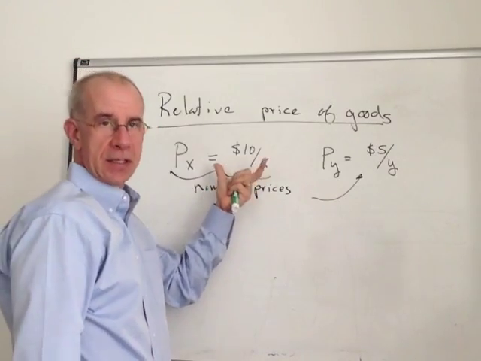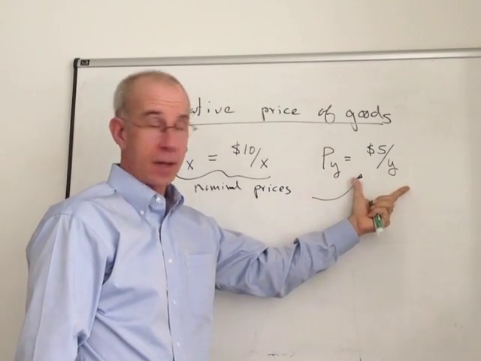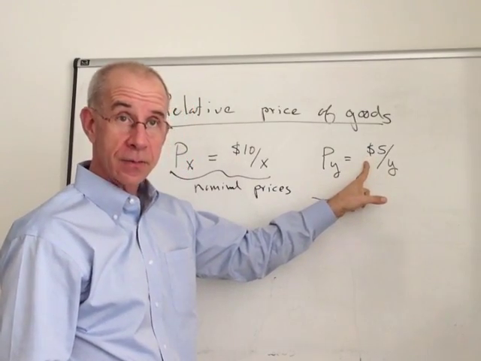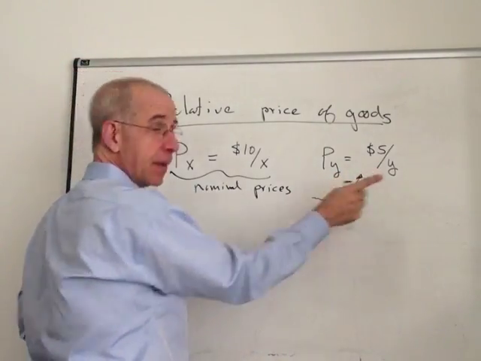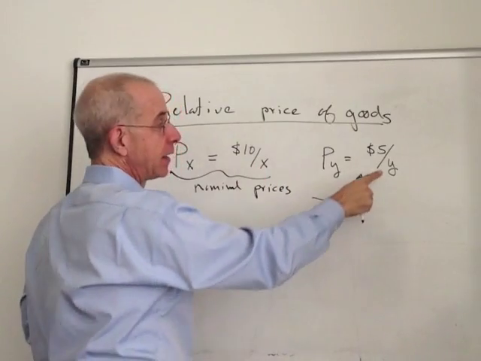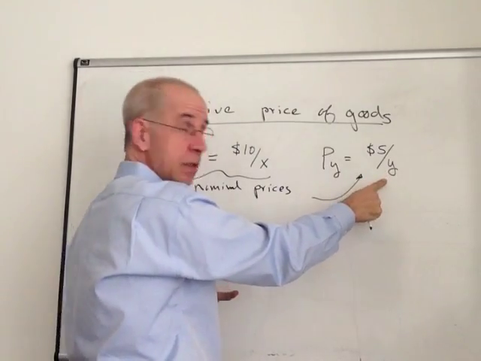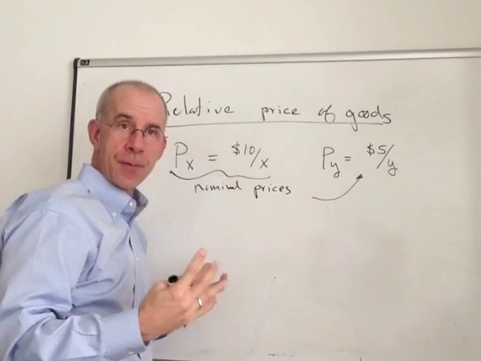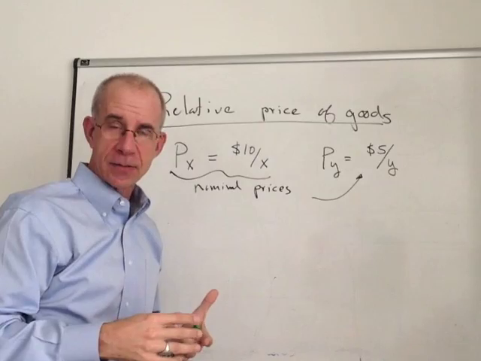I could have used that same amount to buy 2 units of Y, because it only costs $5. So if I think about this from the standpoint of Y, if I take $5 and use it to buy Y, I give up the opportunity to buy 1/2 a unit of X.